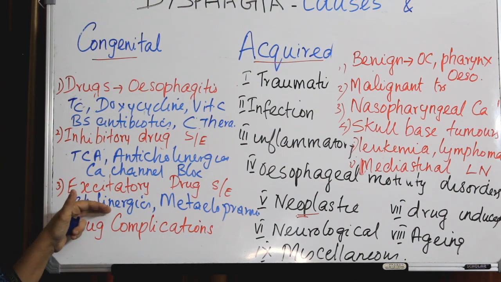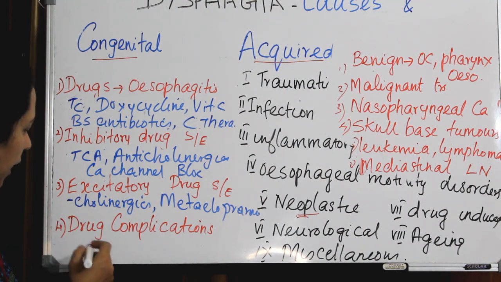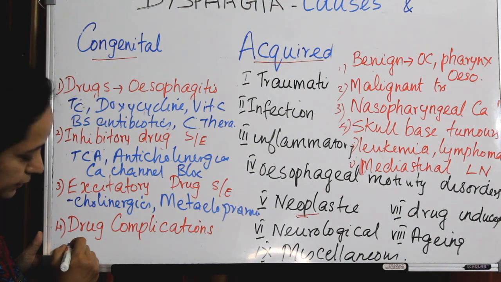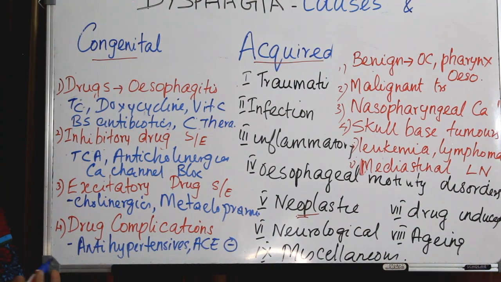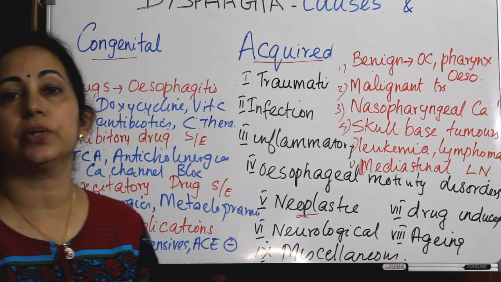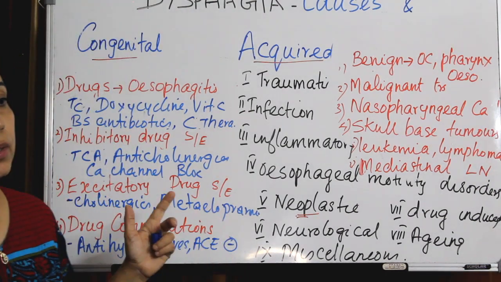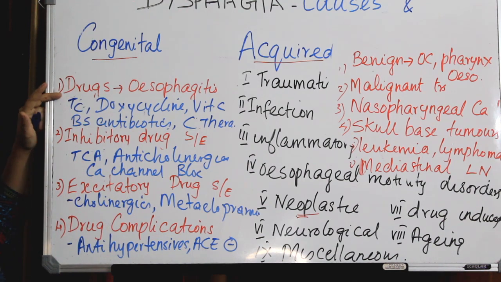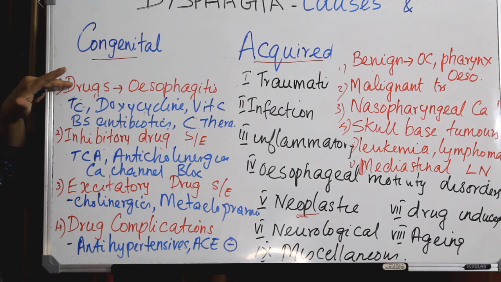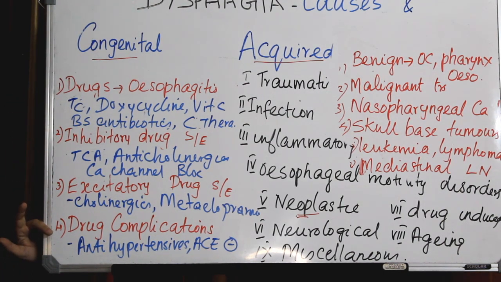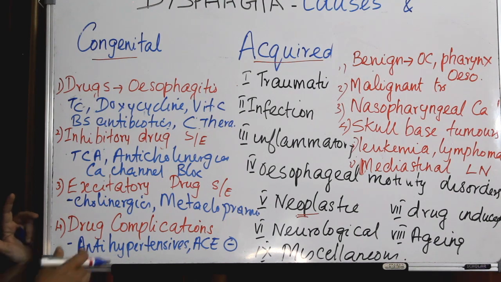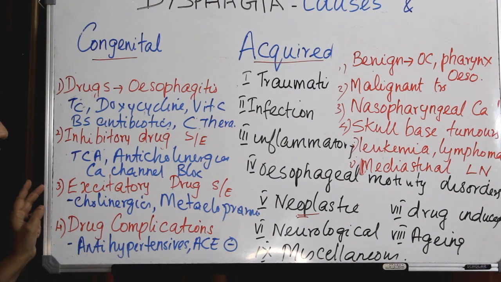So they can cause dysphagia. And the side effects of drugs like antihypertensives, ACE inhibitors, opioids, etc. They also cause xerostomia and also will cause dysphagia. So all these are the drugs causing esophagitis, inhibitory and excitatory drugs, and also as a side effect of drugs, mainly because of xerostomia leading to dysphagia.